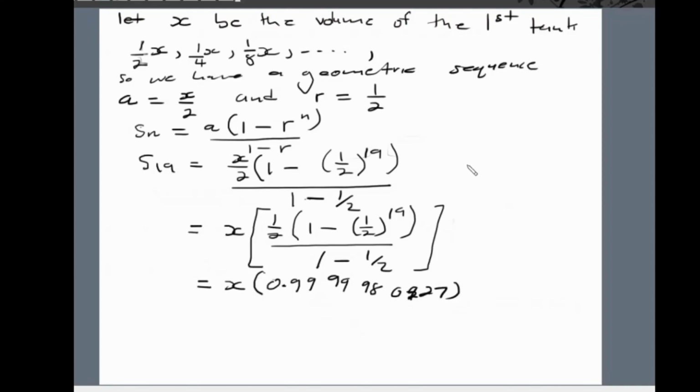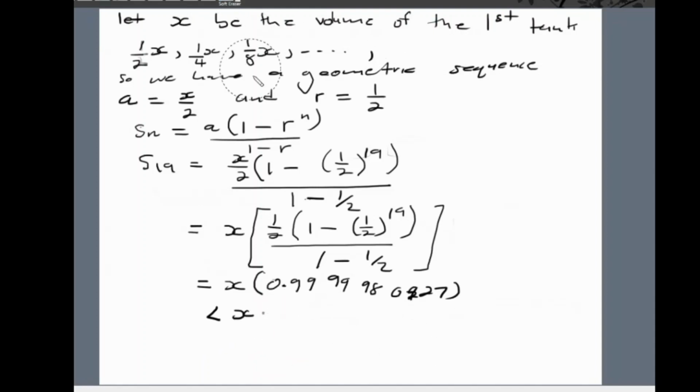And then notice that this number is less than 1. This 0.999 is less than 1. Therefore, we can say this will be less than x times 1, right? Which is just less than x, which means this is less than x.